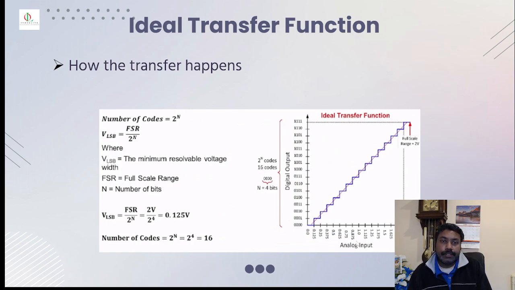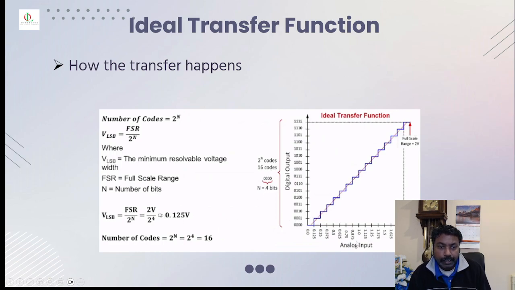This is the ideal transfer function, how that happens. If you calculate the number of bits or number of resolution codes that you're going to use, it's charted on the x-axis and y-axis. The x-axis is for analog input, the y-axis is for digital output. So 2 power n, we are taking 4 bits, so 2 power 4 will give 16 codes, that is 0000 to 1111.